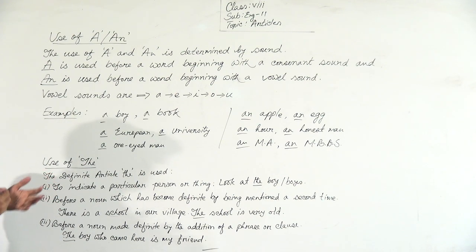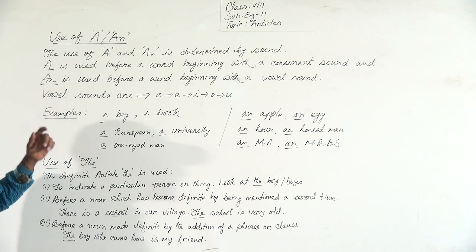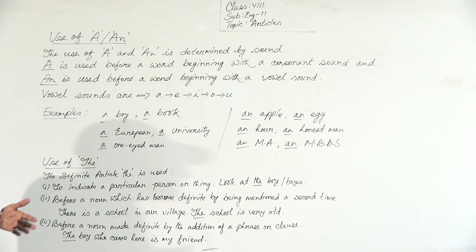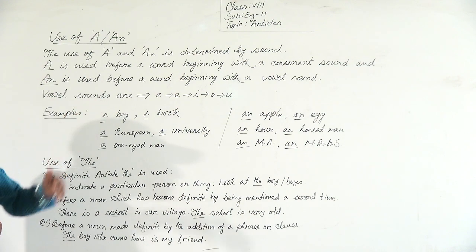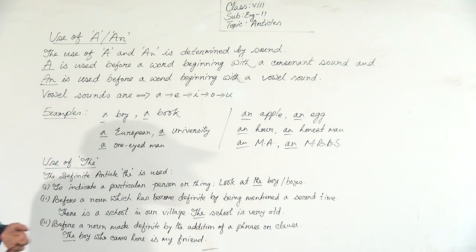If you see a word beginning with a vowel sound, then you have to use an. This is the general rule. I am saying again, if you see a word beginning with a consonant sound, you use a, and if you see a word beginning with a vowel sound, you use an.